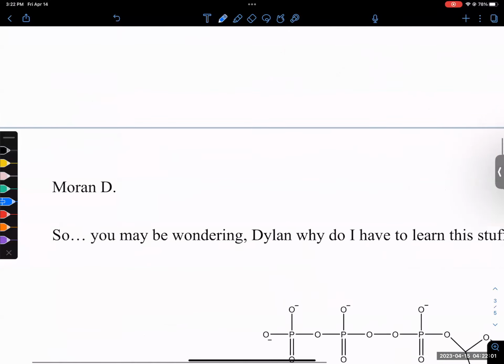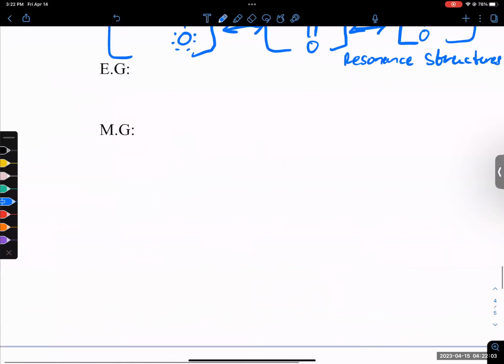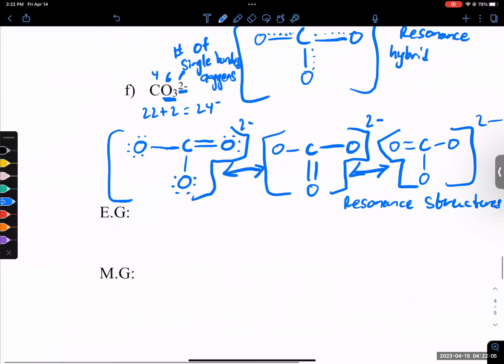Trigonal planar. That is the electron geometry of our carbonate. What about our molecular geometry? It is the same, because there are no lone pairs on our carbon. Trigonal planar.